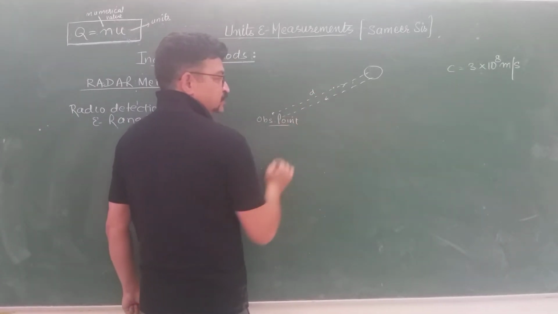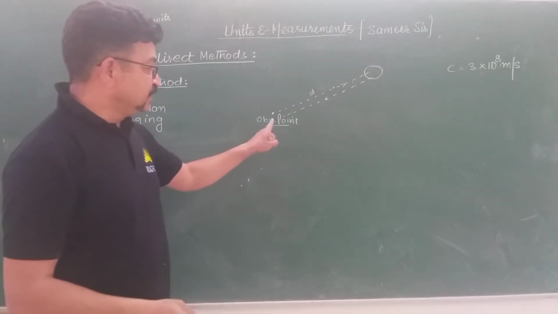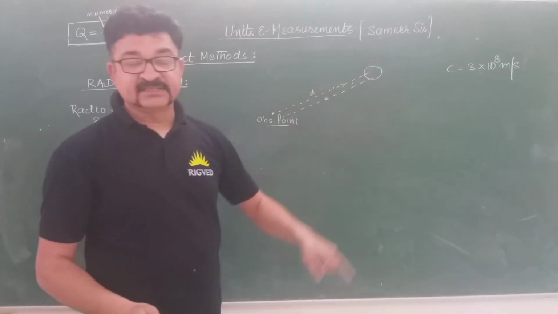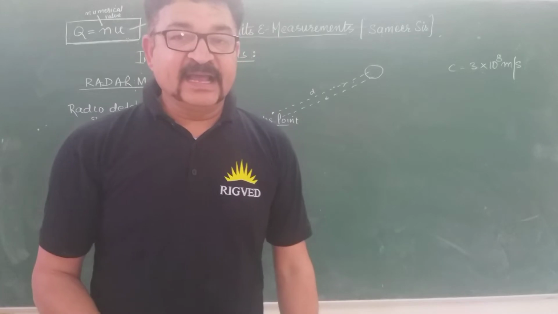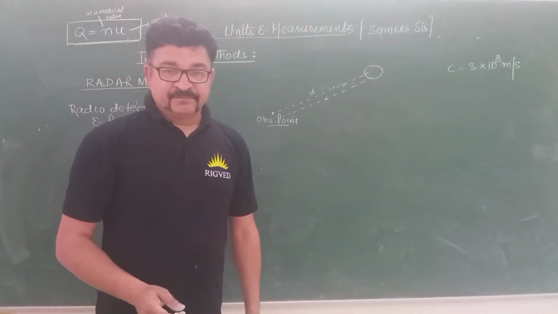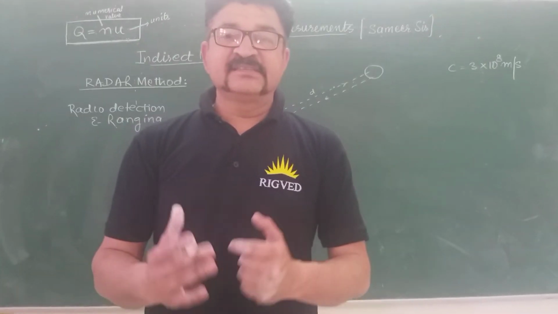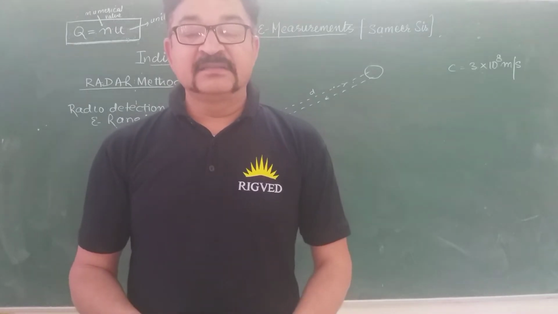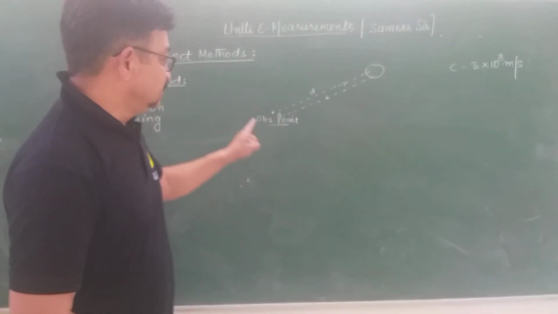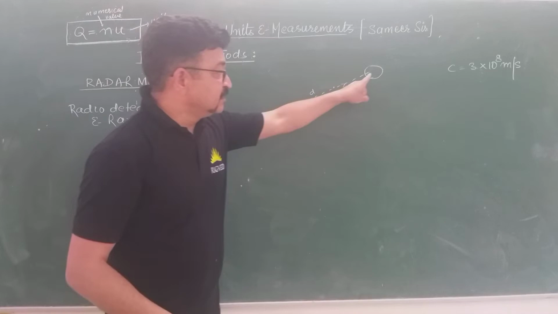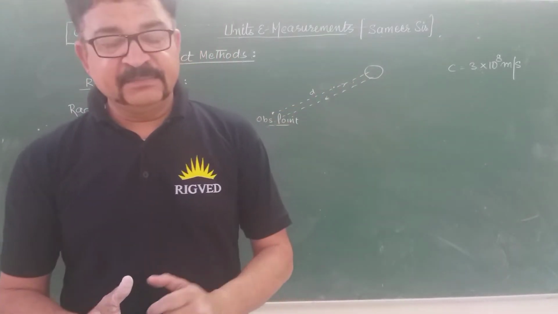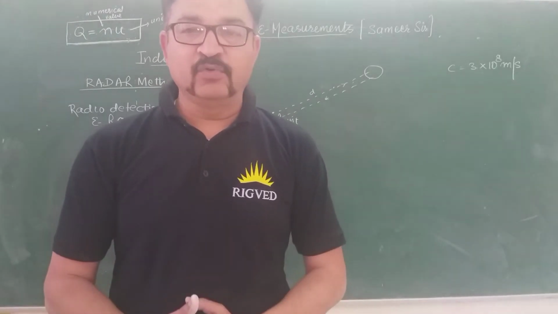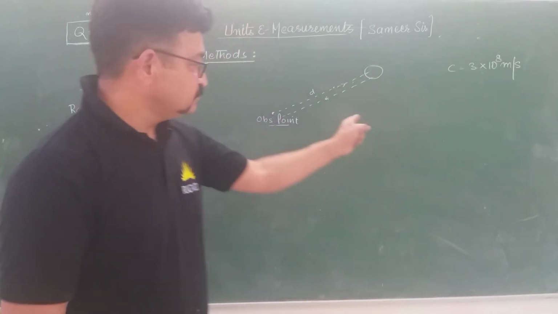I don't know what the distance is between the observation point and that unknown object from where the radio waves actually get reflected. With the help of a very precise clock, we can measure the time lag between the sending of the radio signal and the receiving of the radio signal. And that time can be calculated with very accurate clocks.